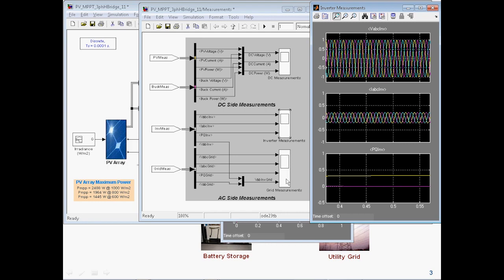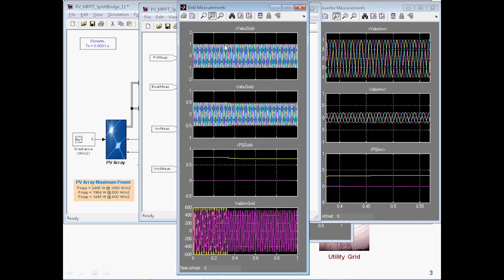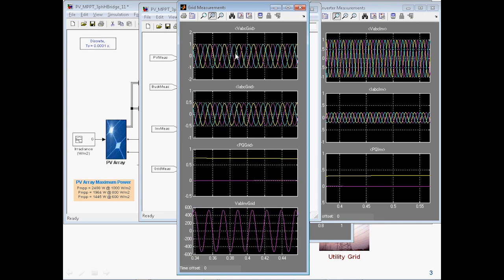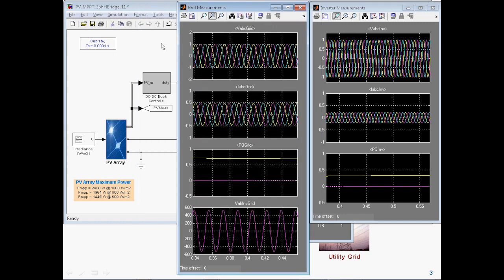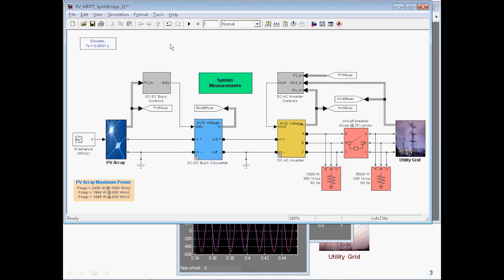And finally, I can take a look at the grid. Same thing. So I have the ABC voltages and currents for the grid, and the active power and the reactive power for the grid. As I mentioned, we're going to come back to this model, but let me focus to begin with on the first component, which will be this photovoltaic array.